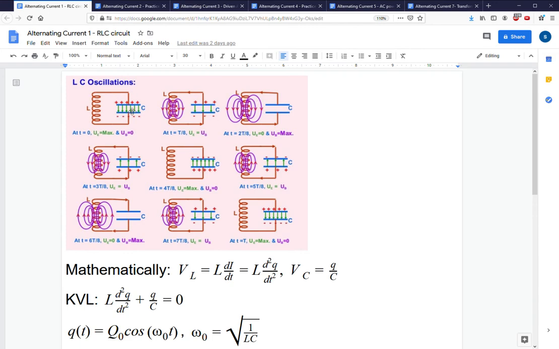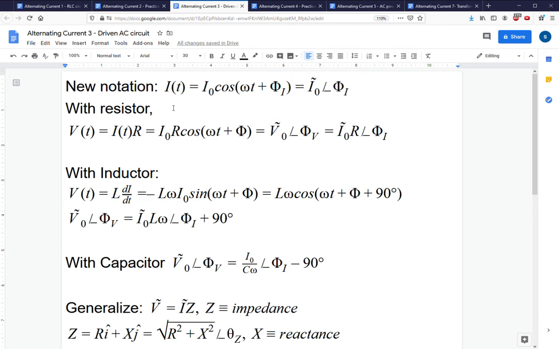Later on, the current built up, but the voltage dropped down to 0. Being driven by an AC source, the voltage will always be in front of the current and will always try to drive the current to be more like it, but the current will never be able to catch up.